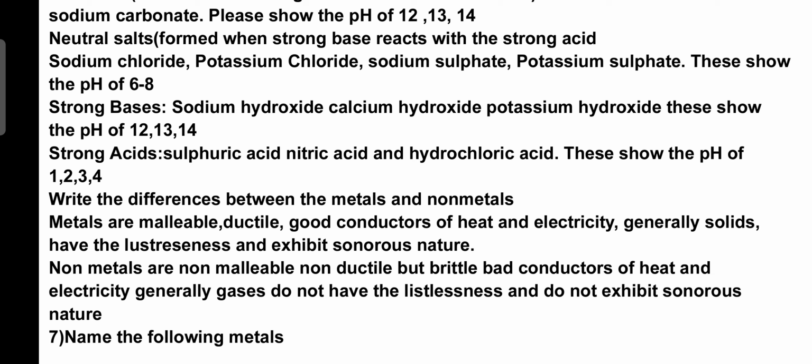In the same way, potassium hydroxide with HCl forms potassium chloride. Just like that, sodium hydroxide reacts with sulfuric acid to form sodium sulfate. So a strong acid reacts with a strong base to form these neutral salts. The pH value will be equal to 7, or 6 to 8, which is a neutral value.